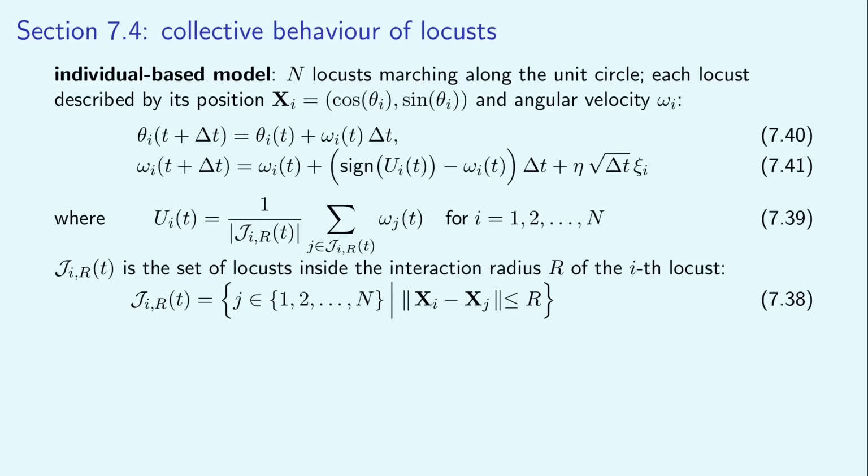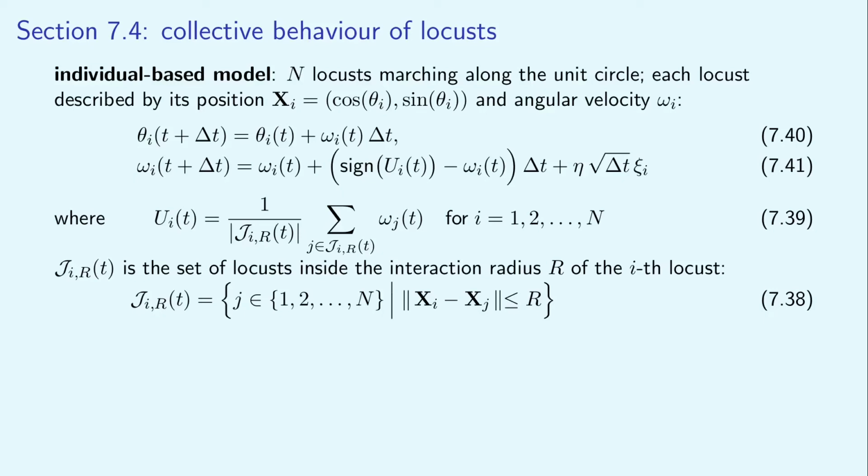We assume that locusts can only sense other locusts if they are sufficiently close. For each locust, we define the set of its neighbors at time t by this formula, where r is a dimensionless parameter, the interaction radius. Then u_i is the average angular velocity of the locusts which are within the distance r from the ith locust. If it's positive, then the majority of its neighbors will go in the anti-clockwise direction.